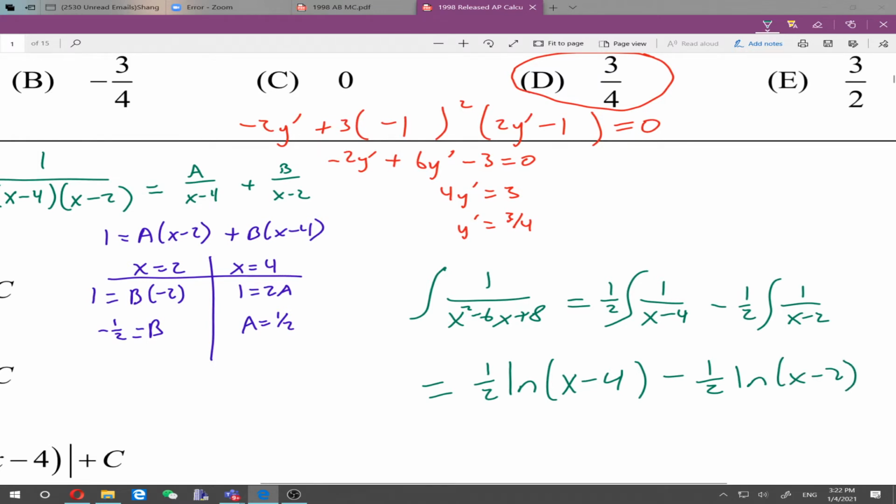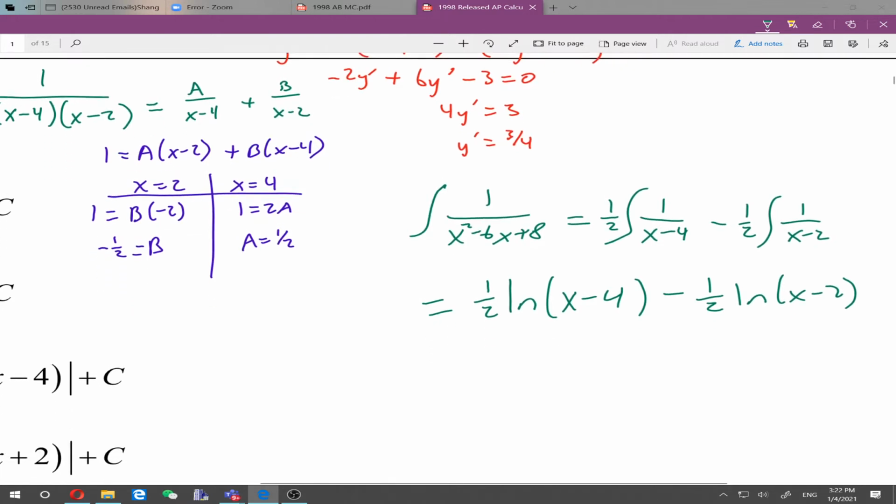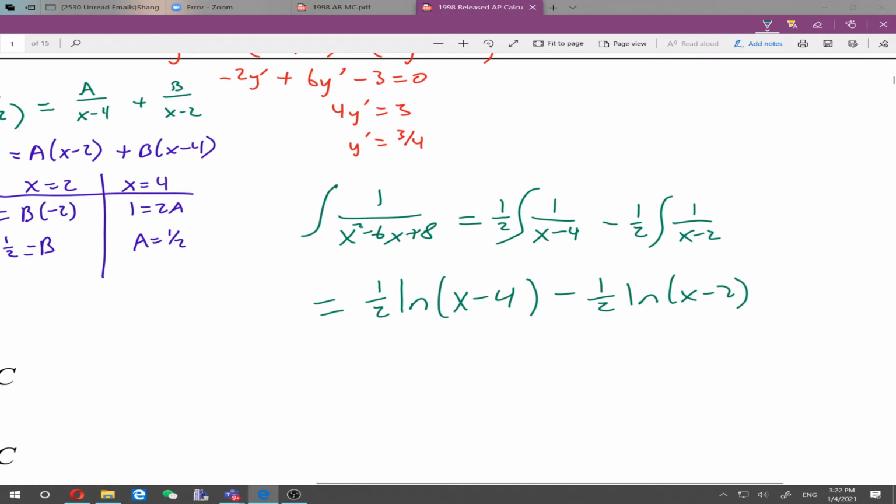And what you're doing is some properties of logarithms, I believe. With your properties of logarithms, as long as you've got the same base and you are subtracting, you can combine those two logarithms, and as long as you've got a power, you can put it up. So I would do something like this.